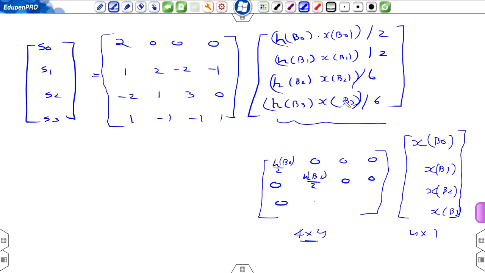In the third row, x of beta 2 is multiplied with h of beta 2 by 6, so the third column in the third row will be h of beta 2 divided by 6, and similarly in the last row, this value will be h of beta 3 by 6, and the remaining values are 0, and this is as it is.